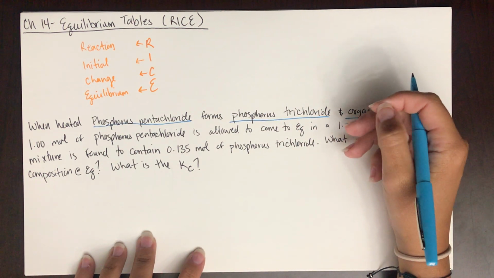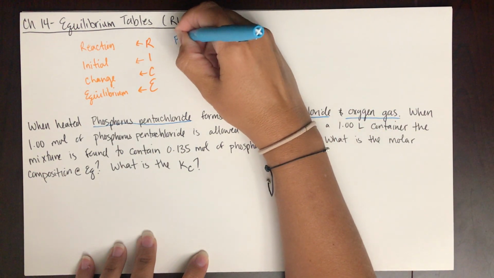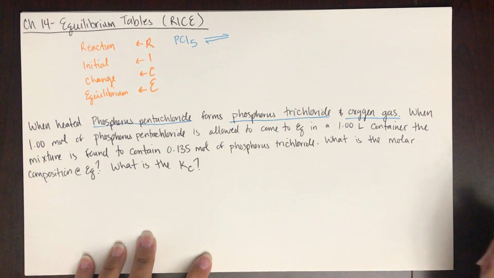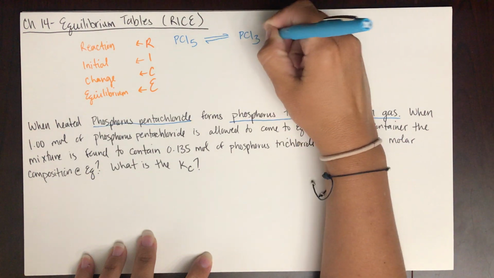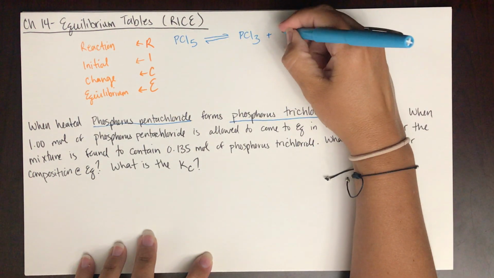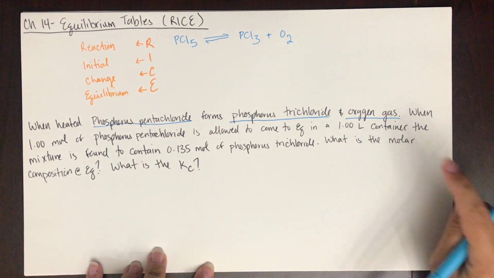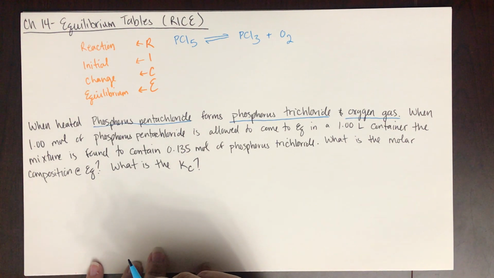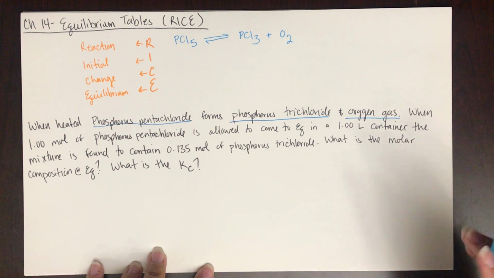So phosphorus pentachloride is PCl5, and it forms phosphorus trichloride, PCl3, and oxygen gas, which we know oxygen is one of the diatomic molecules. All of these are gases. You can assume that all of these are gases for this equilibrium chapter. Okay, so that's the first part.